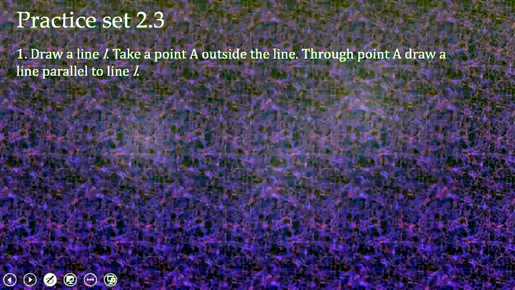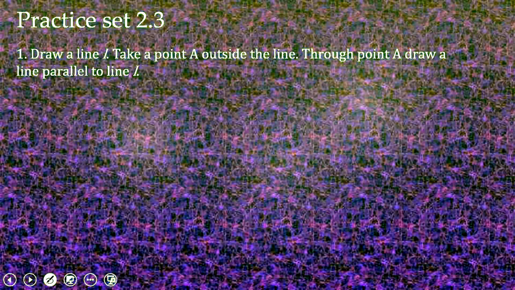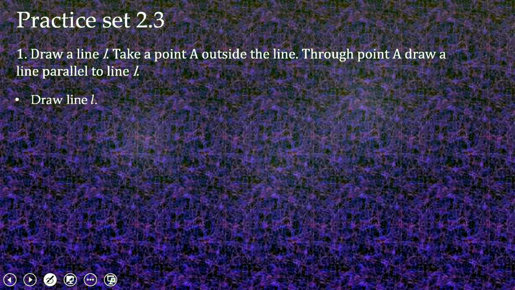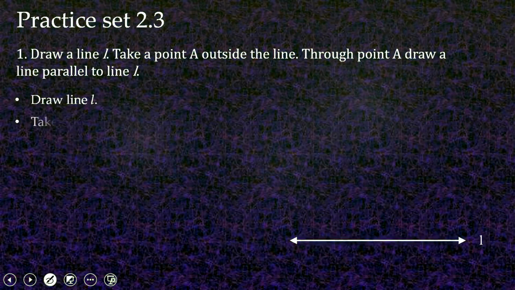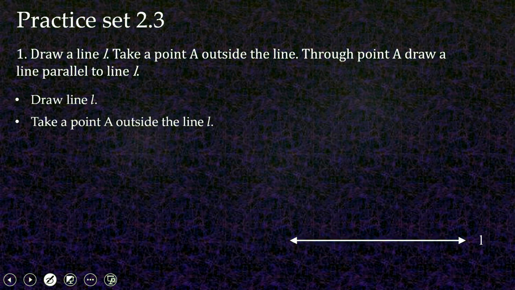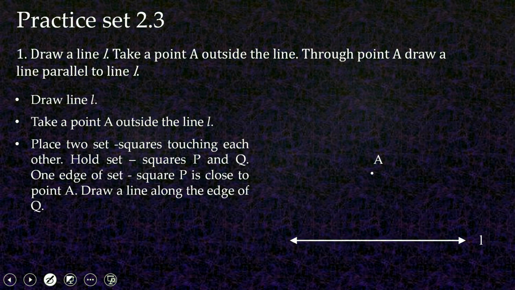So practice set 2.3, first sum. Draw a line L. Take a point A outside the line. Through point A, draw a line parallel to line L. Draw line L. Take a point A outside the line L. Place two set squares touching each other.